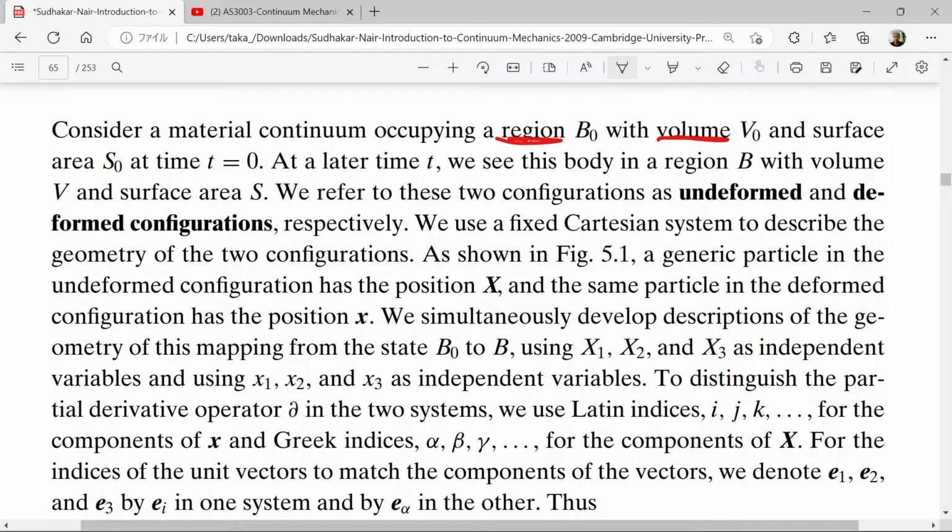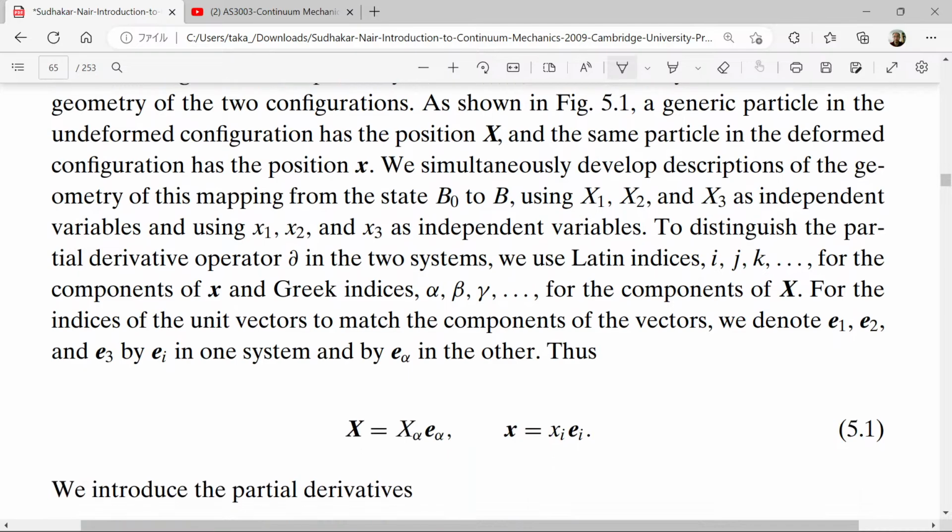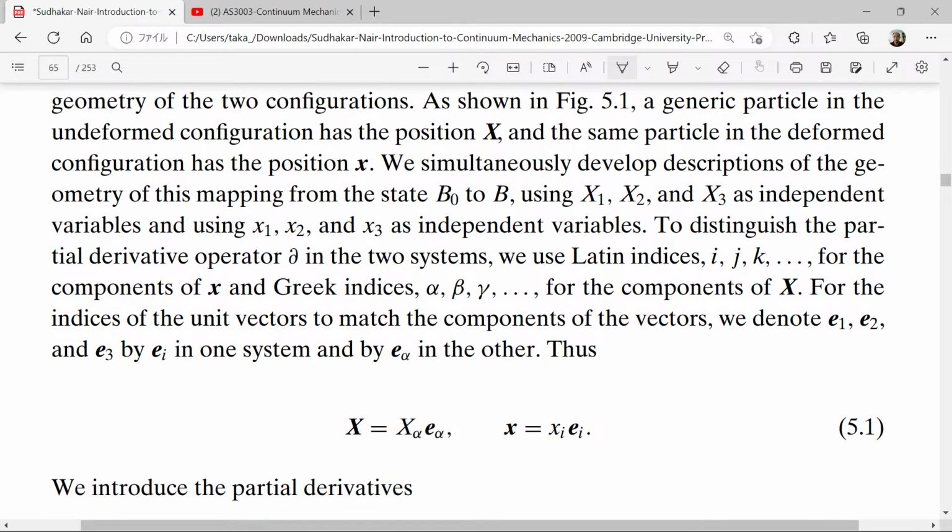As shown in figure 5.1, a generic particle in the undeformed configuration has the position large X, and the same particle in the deformed configuration has the position small x. We simultaneously develop descriptions of the geometry of this mapping from the state B0 to B.